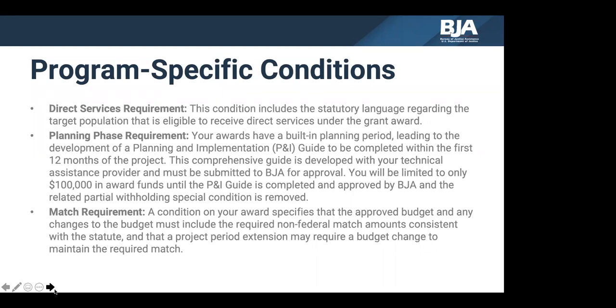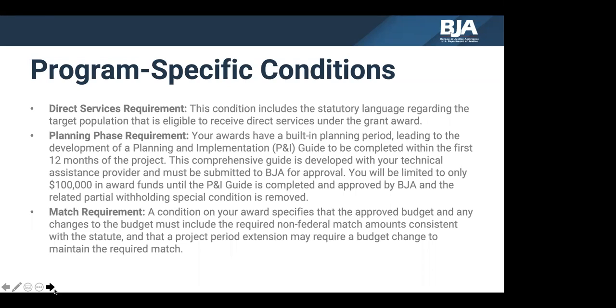Lastly, the planning phase condition reflects the statute language that authorizes planning grants and implementation grants. Since BJA issues awards with combined planning and implementation activities, this condition requires that all grantees complete the planning phase within the first 12 months of the award, which is completed upon BJA approval of the planning and implementation guide.